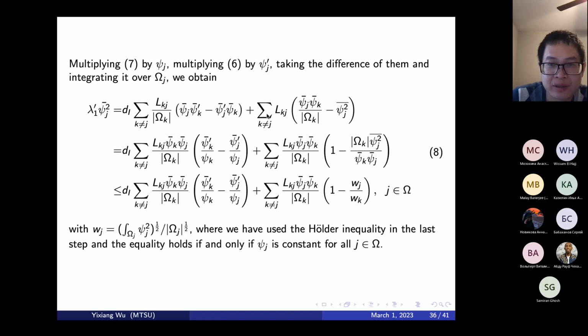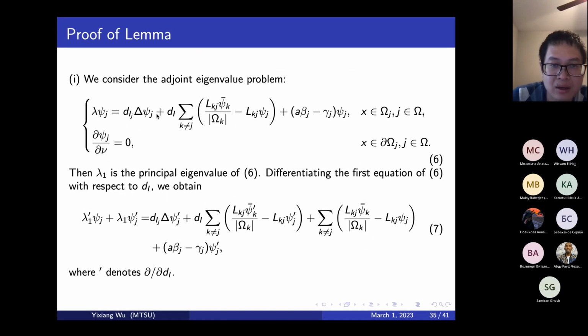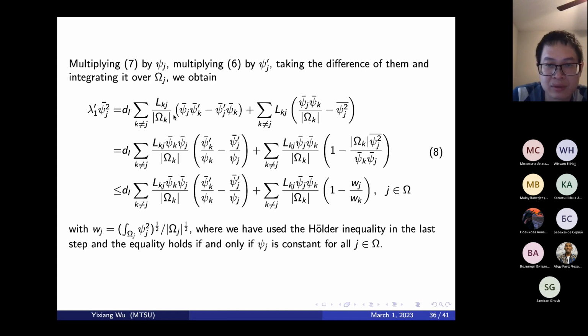Manipulating these two equations, we get this. Some terms cancel out, and then we factor out phi k bar and phi j bar. We get this. Then this is less than or equal to the next line, where we use the Holder inequality.